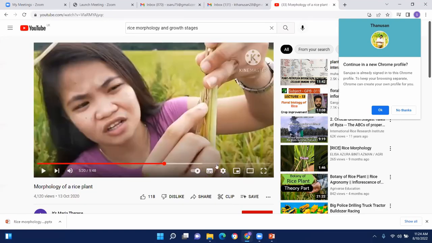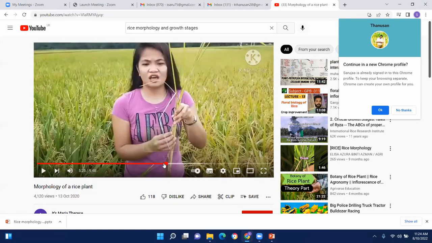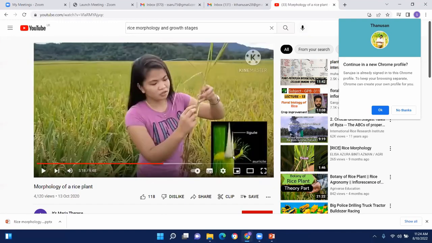Okay, this is the part called the auricle, and this is the ligule. The base part is called the auricle, the upper part is called the ligule. Because in your exam we can put these photos.